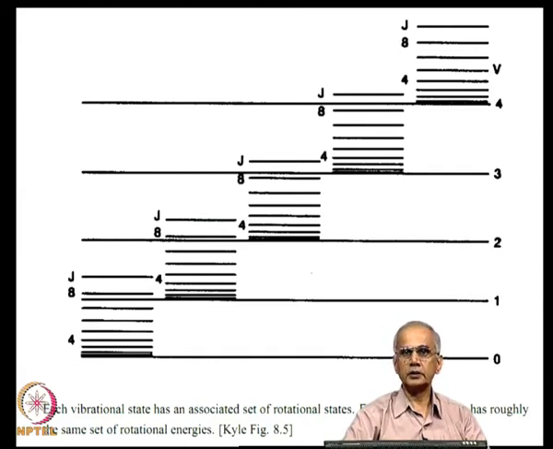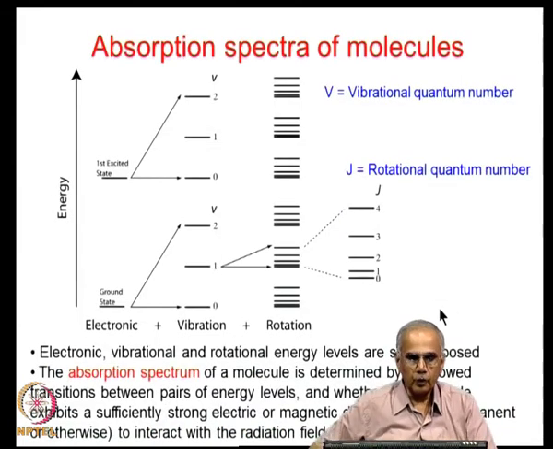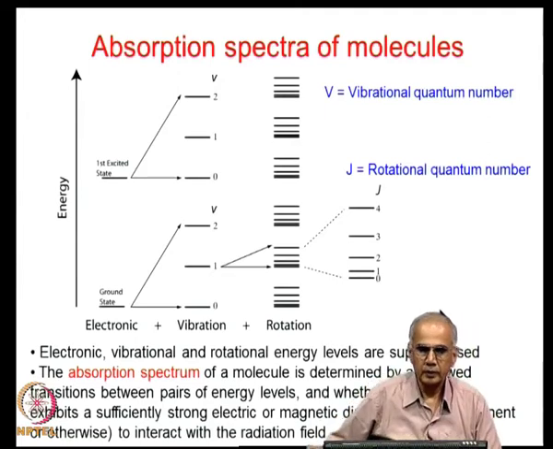So, a change in vibration is normally also associated with some change in rotational state, and the total change in energy h nu is a combination of change in vibration and change in rotation. But the rotational change, as you can see, is 1/10 or 1/20th of the vibrational change, and this is shown more pictorially here.